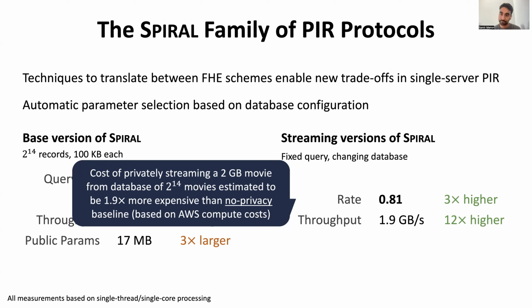Right. But your whole movie database can be, let's say, hundreds of terabytes. Yep. Are you saying reading hundreds of terabytes is just twice more expensive than reading 1 gigabyte? That seems unlikely to me. Well, the database isn't quite that big. It is 2 to the 14 movies. But yes, what we are saying is that the throughput on a single core is fast enough that if you think about computation as a cost rather than a time thing, right?